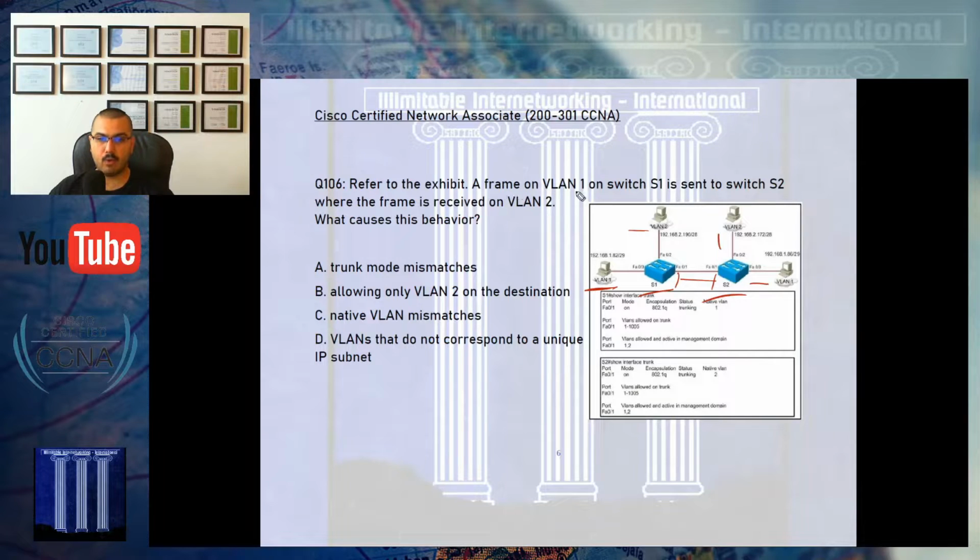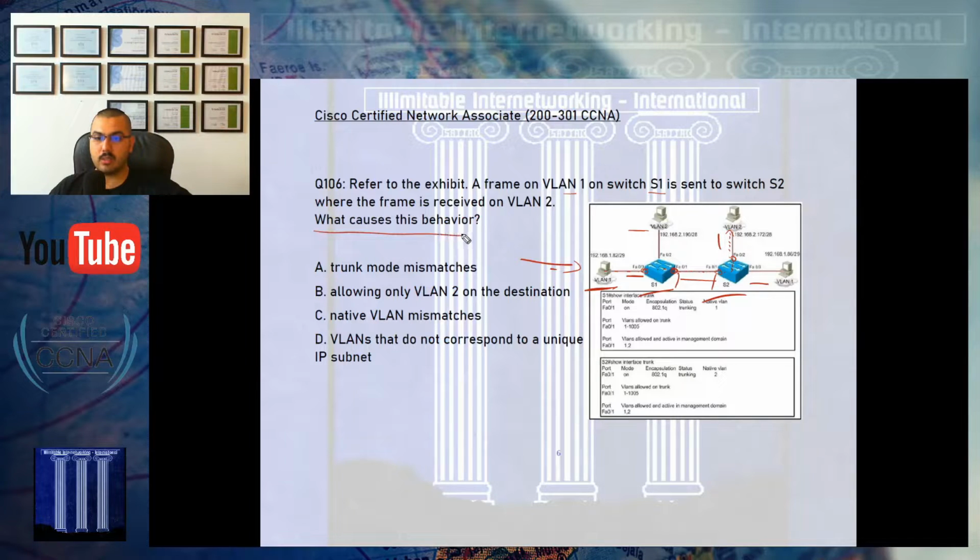So a frame on VLAN 1 on switch 1 is heading to the switch on FastEthernet 0/3, sent to switch 2, where the frame is received on VLAN 2. So the frame should travel this way. This is an access port for VLAN 1, and egress from this interface, which should be trunk, also should be trunk, and will egress again from this interface, which should be access for VLAN 2.